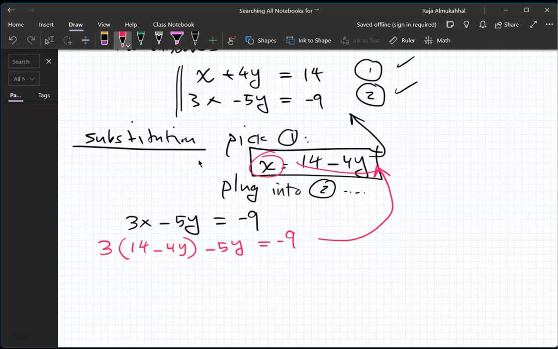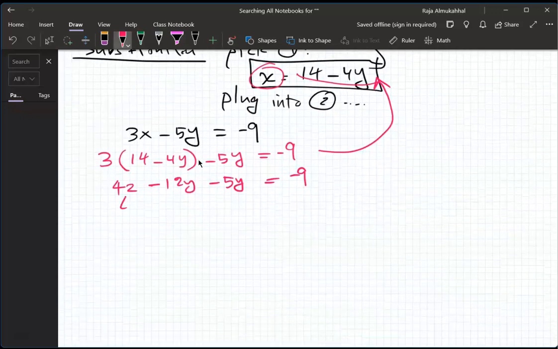So let's do it. So I have here 3 times 14, that'll be what is that, 42? I don't trust myself. Let me use my calculator. Sorry about that. 14 times 3, 42, yes. So we have 42, and then we have minus 12y minus 5y equals -9.